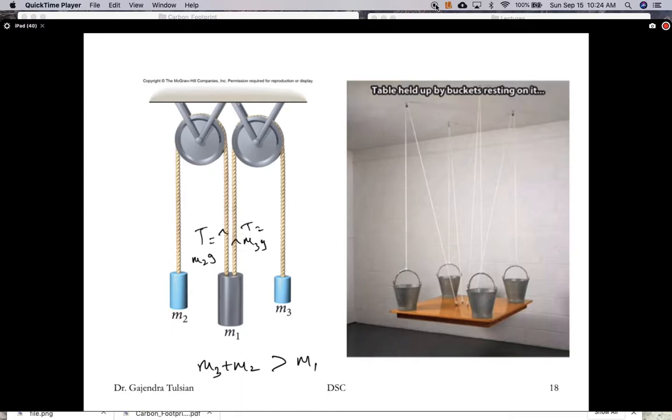So as long as m3 plus m2 is greater than m1, this won't fall down.